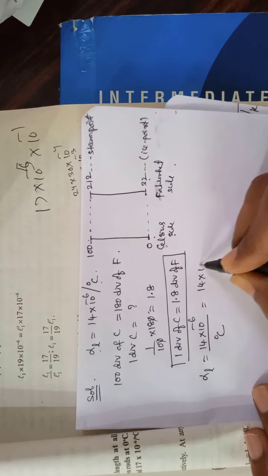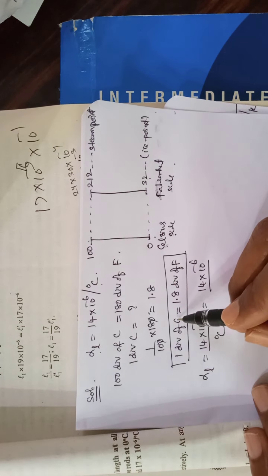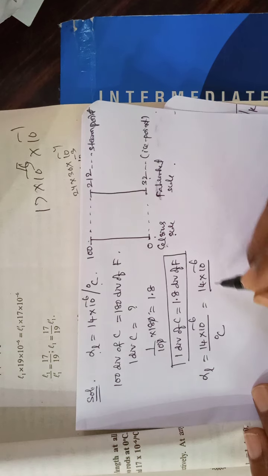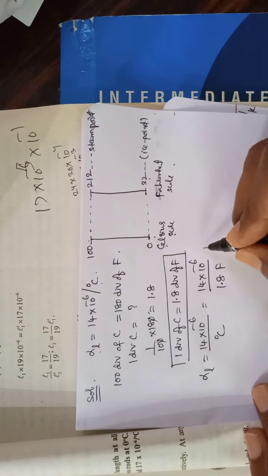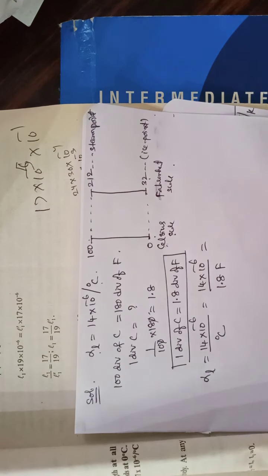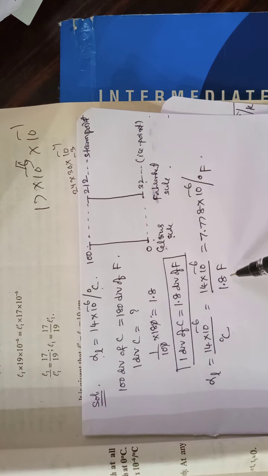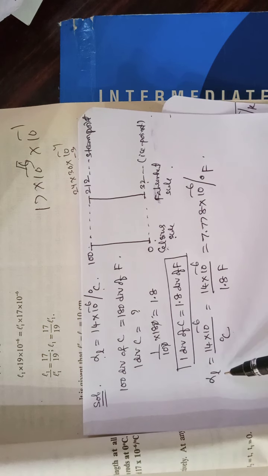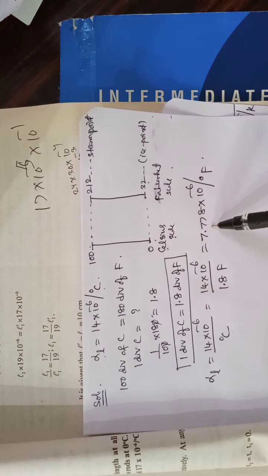So 14 into 10 power minus 6 by 1 division of Celsius is equal to 1.8 division of Fahrenheit. Therefore, substituting this value in place of this value, we get the coefficient of linear expansion under Fahrenheit scale as this much.